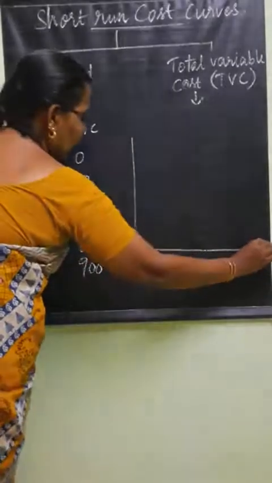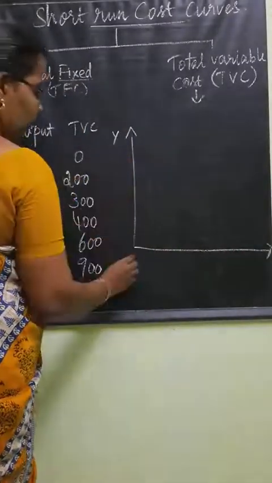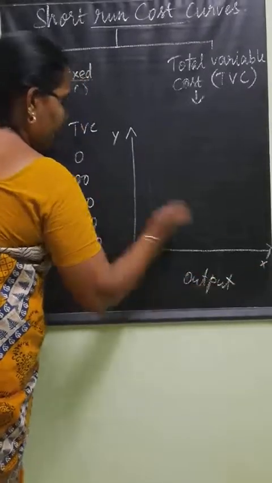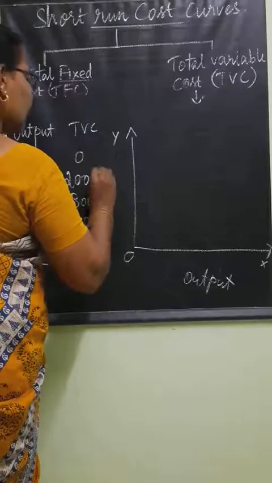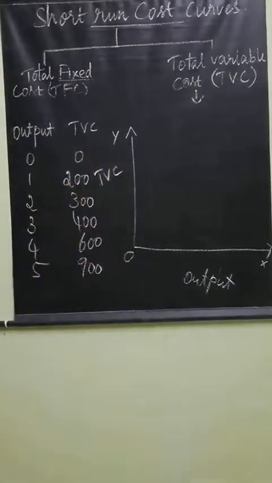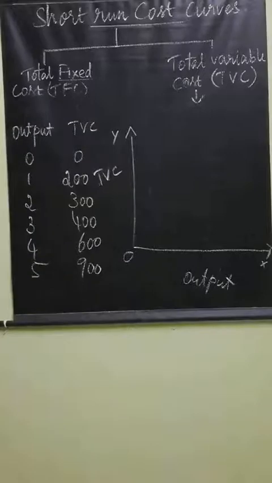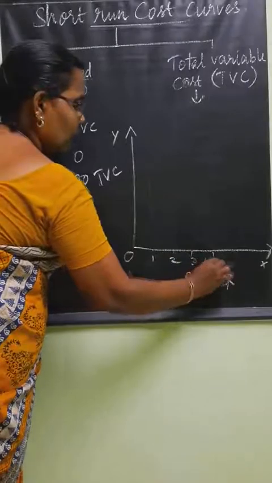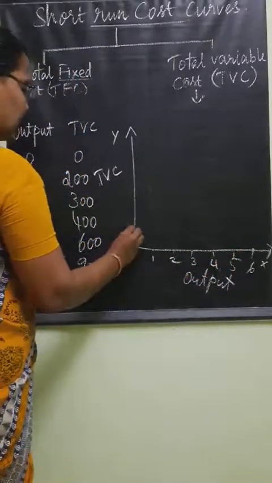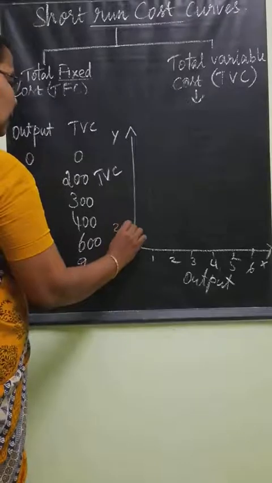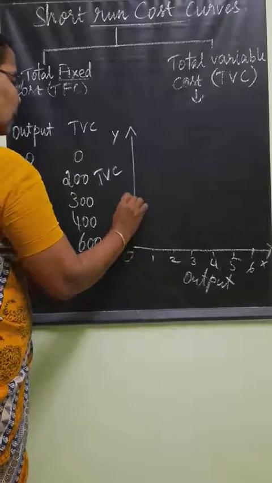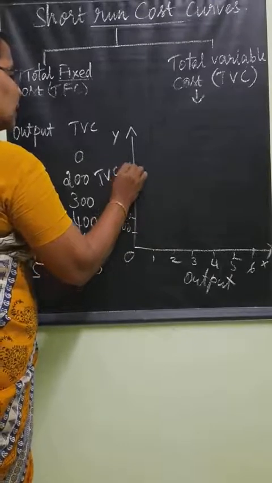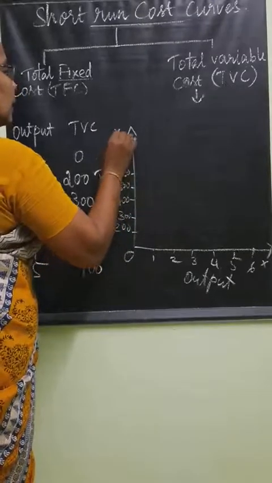If you draw the diagram for this TFC curve, TVC, total variable cost curve, how it would be? 1, 2, 3, 4, 5, 6. Here 200, 300, 400, 500, 600, 800, 900, isn't it?